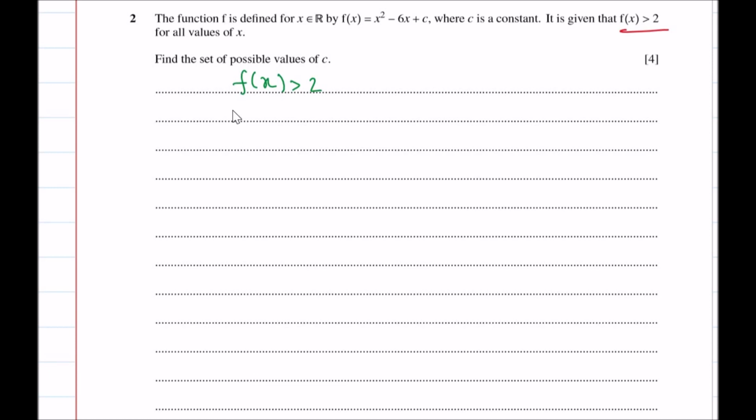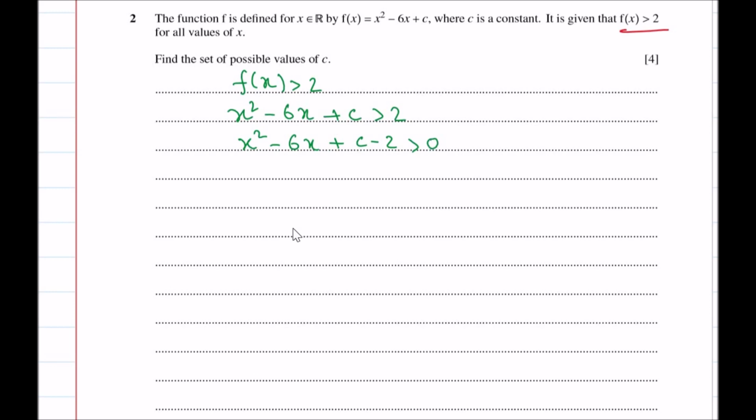Fx is x square minus 6x plus c, and that is greater than 2. Now we can shift the 2 to the left side. It becomes x square minus 6x plus c minus 2, that is greater than 0.